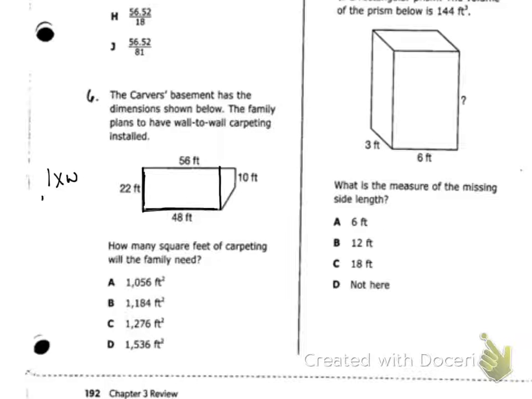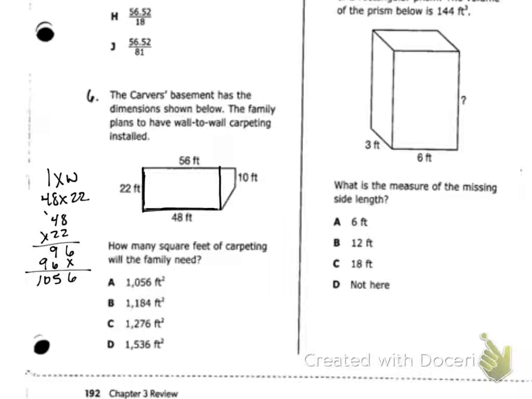So I would do 48 times 22. So let's work that out. 2 times 8 is 16. You carry your 1. 2 times 4 is 8, plus 1 is 9. And the same thing again, multiplied by 2, 6, 15, 10. So that's the first part.